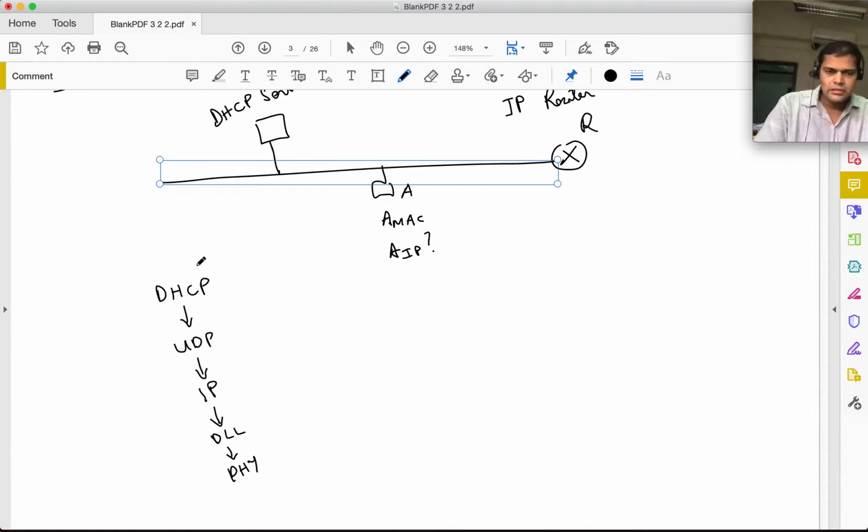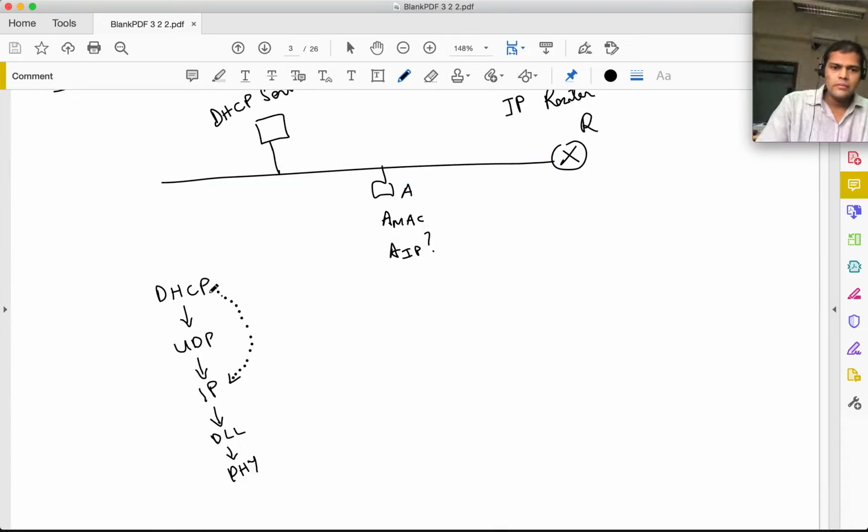DHCP is in some sense sitting at the application layer, but of course what it does is that it gives information to the lower layer later on. For example, A is using this application DHCP to find its own IP address. So DHCP is finally going to populate the IP address over here. So there is some cross layer interaction over here.